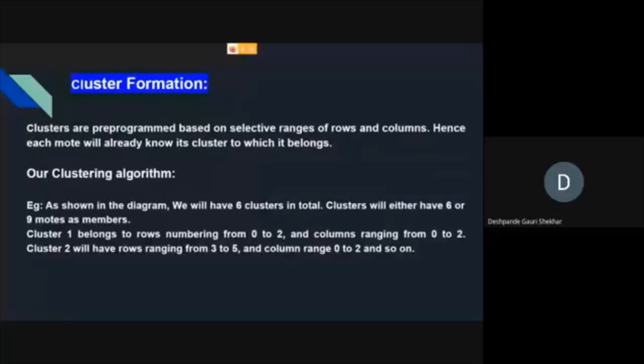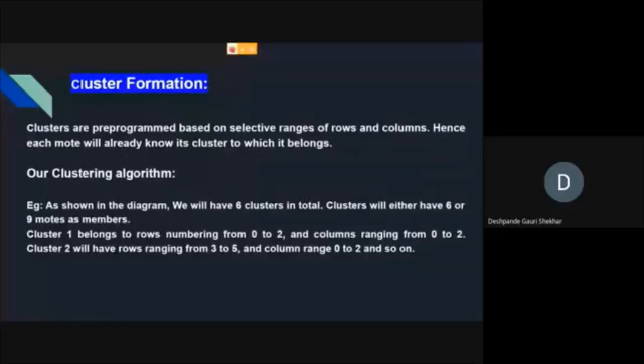We are going to use a clustering algorithm in our WSN. Clusters will be pre-programmed based on the IDs of nodes. So, every node will know during deployment itself which cluster it belongs to.